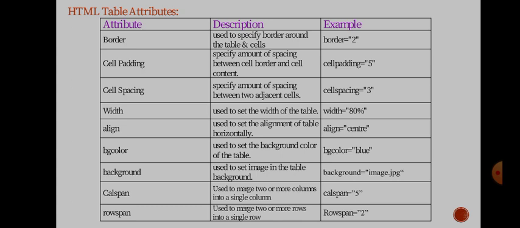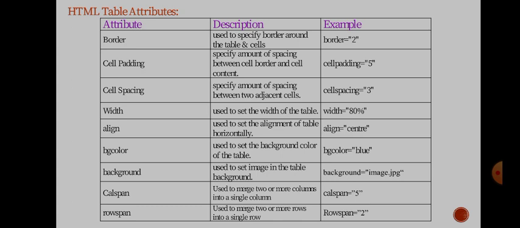And the next attribute is bgcolor, means background color. Used to set the background color of the table, we use the bgcolor attribute. Bgcolor is equal to blue or bgcolor is equal to red. Next one, background. Using the background attribute to set the image in the table background. So background is equal to image name.